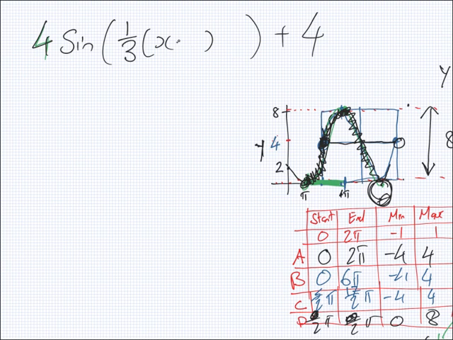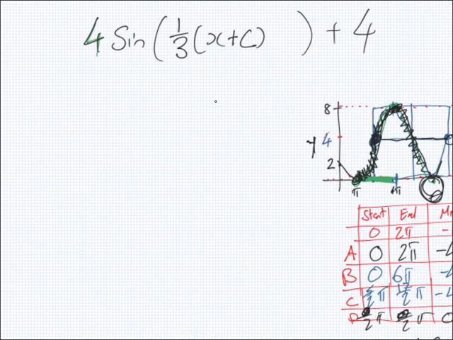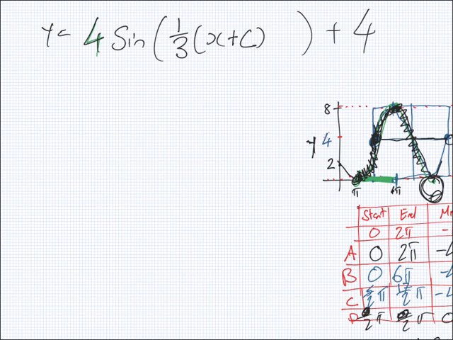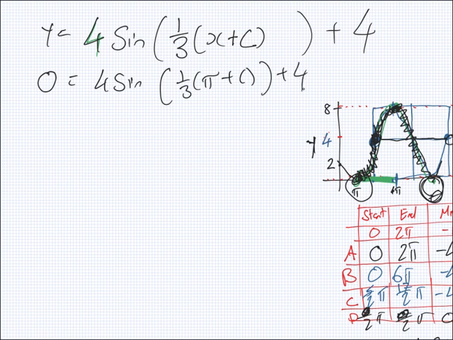So the easiest way to get the C, without messing about with the graphs, is to sub in a point that you clearly know on the graph. So if you look at this graph, which point are you 100% certain of? 0. I would say this one. When you put in pi, you definitely get 0. So if I put that in, I have 0 equals 4 sine of (1 over 3 pi plus c) plus 4.